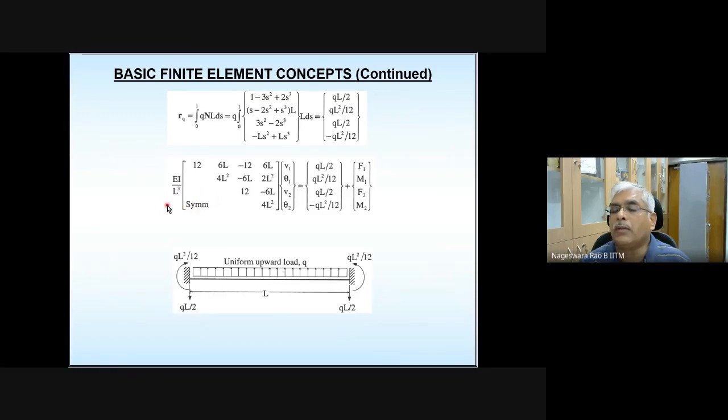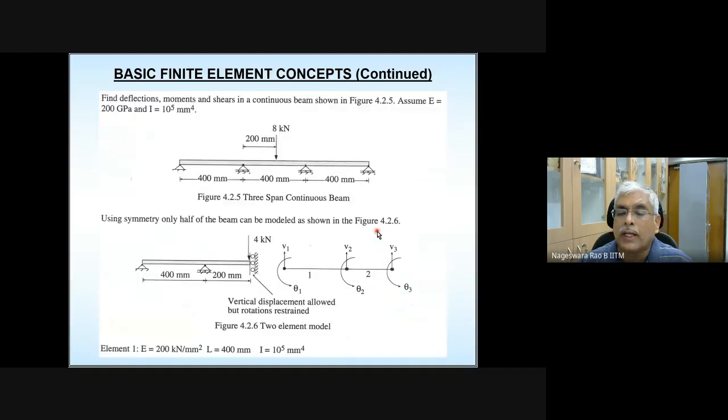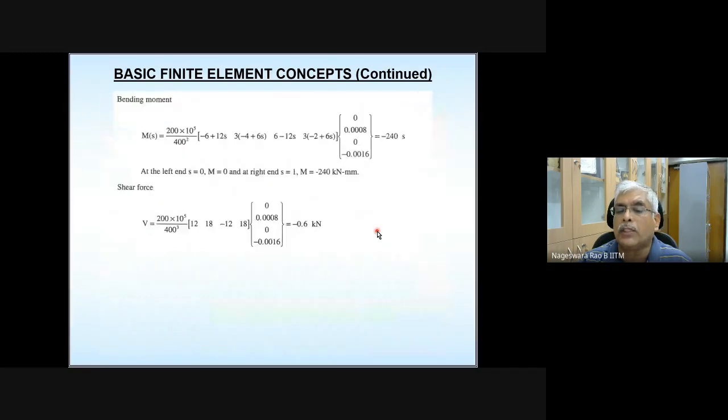Here also, for this particular problem that we are looking at, distributed load is also there, of constant value. So this vector is going to be there, this vector is not going to be there, because there are no point loads and concentrated moments. So wherever L is there, replace with L divided by 2. That is how you are going to get element equations for each of these two elements.